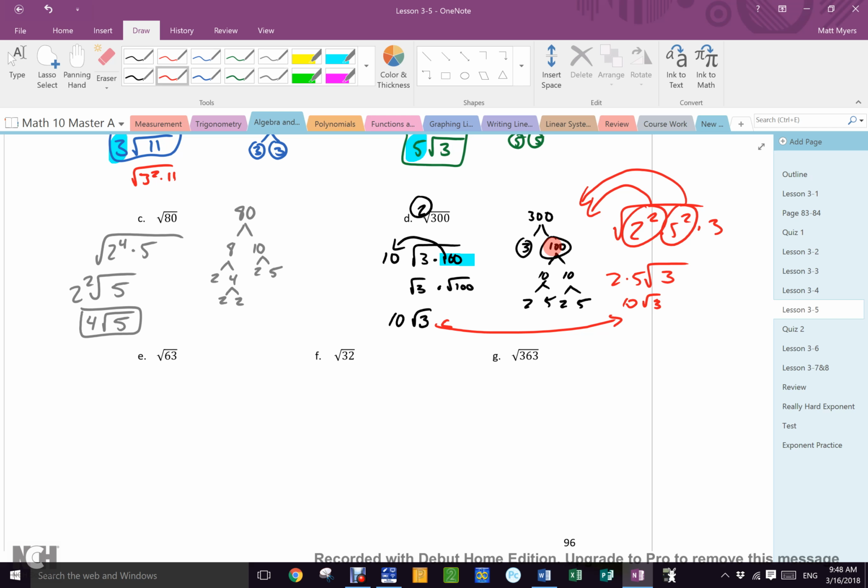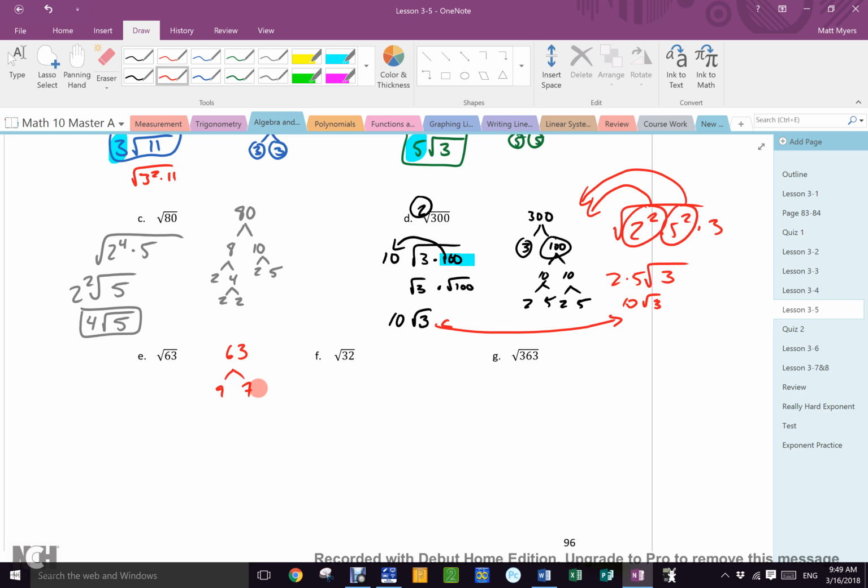So let's put that into practice, because with the next 2, you're going to see how much quicker it can be. If you were making a factor tree for 63, I'm betting that most of you will go 9 and 7. Right? Would most of you choose 9 and 7?